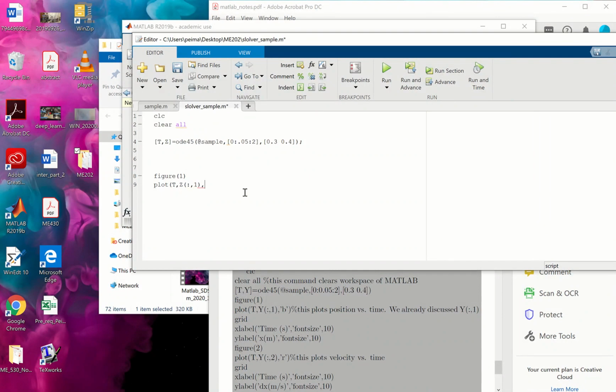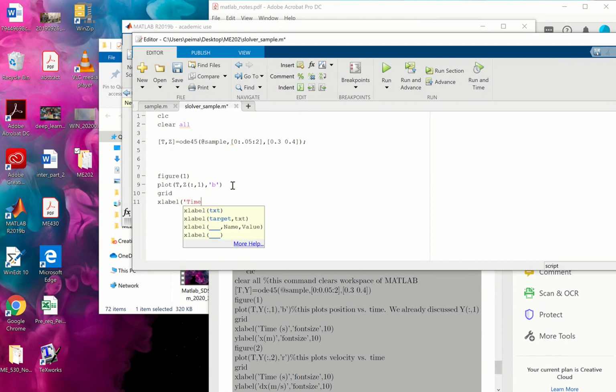That's right. And plot for me in blue. Okay. Then this is common. This plots position versus time, because this is for Z1. That's right. Position. Then I'm going to say grid. Okay. Then xlabel, time in second.